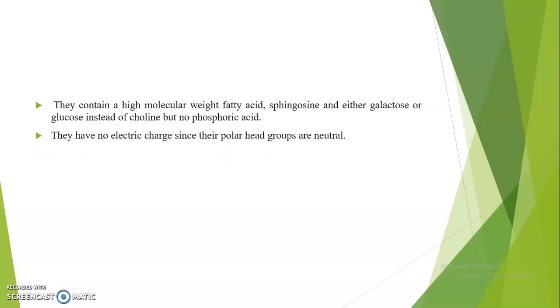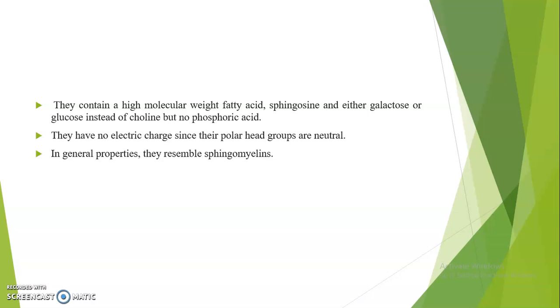They have no electric charge since their polar head groups are neutral. In general properties, they resemble the sphingomyelins. So this is about the cerebrosides, which are also known as the glycosphingosides. So here we have completed the cerebrosides.